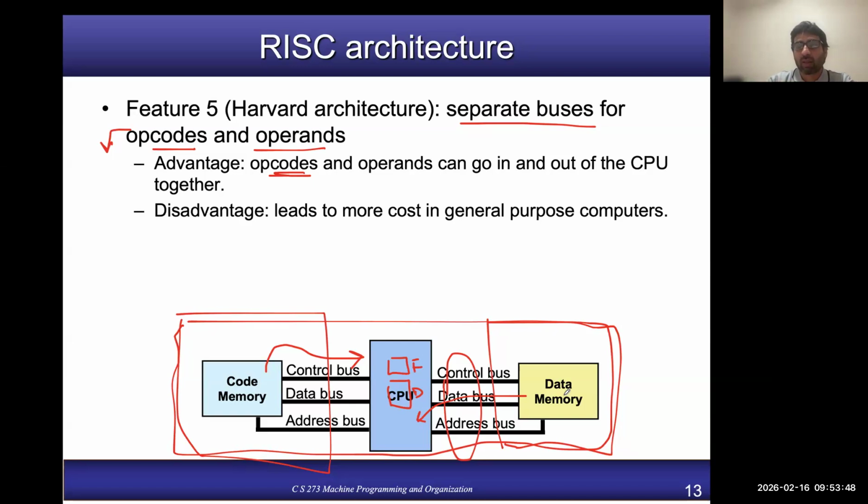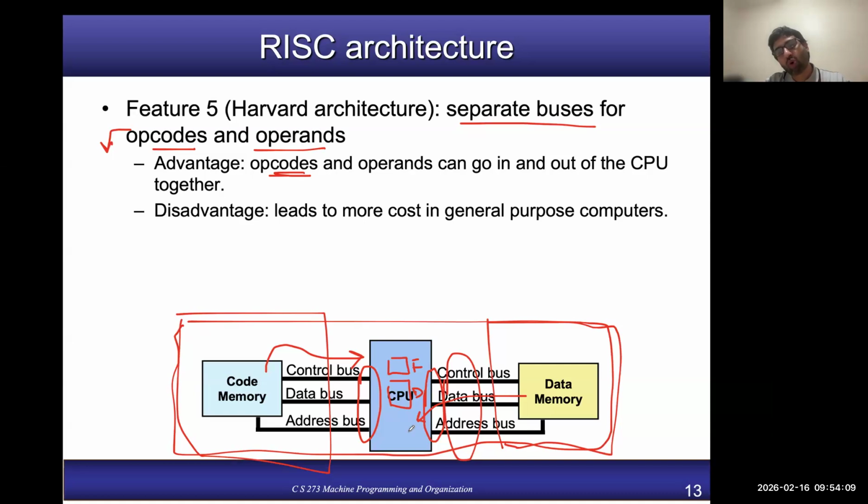Why? Because it means that here you have three sets of pins or three buses crossing the CPU, and three more sets of lines or three buses crossing the CPU. So in total you have six different buses, right?